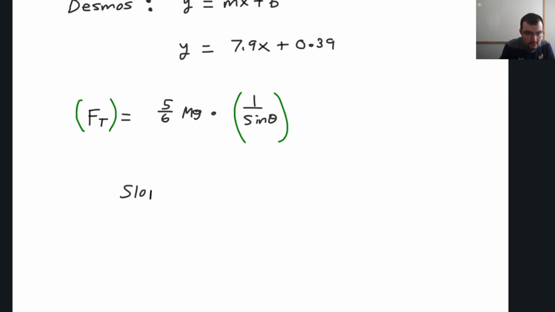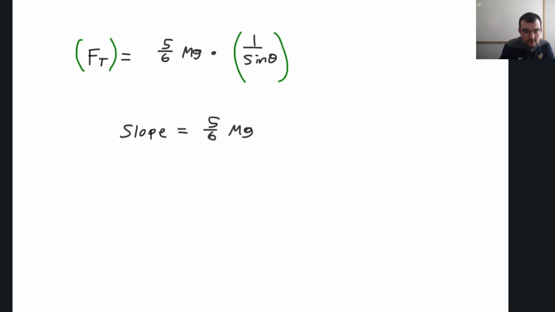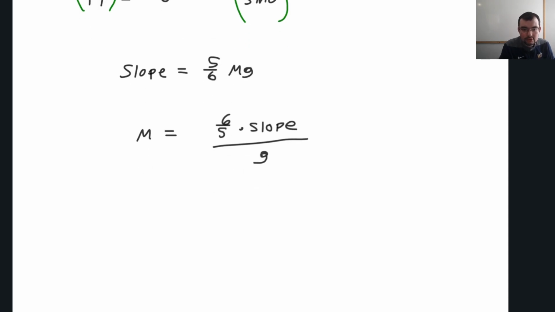So the slope is 5/6 mg. This means that the mass of the meter stick is just going to be 6/5 times the slope, all divided by g. And I used g equals 10 meters per second squared here and got 0.95 kilograms for the meter stick.